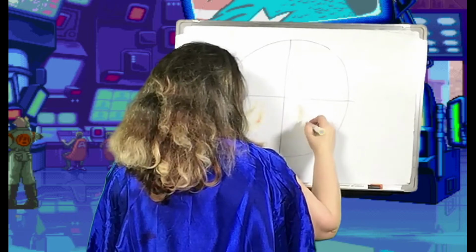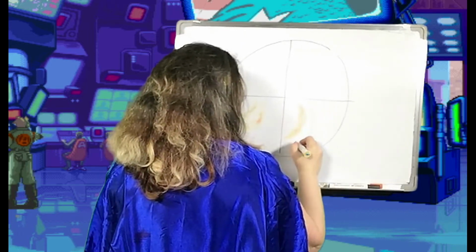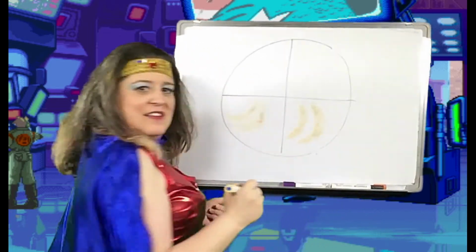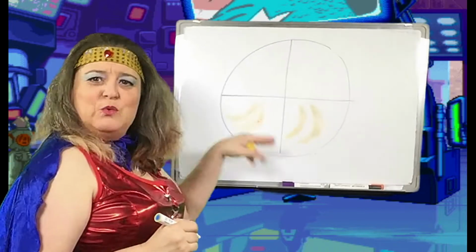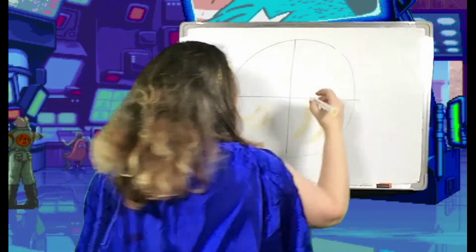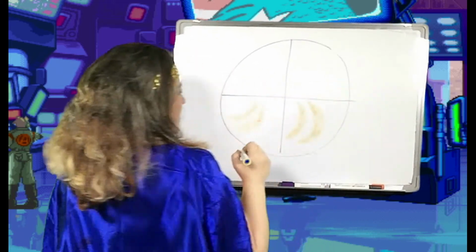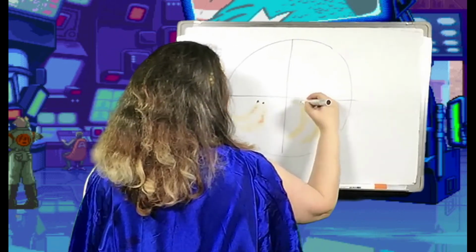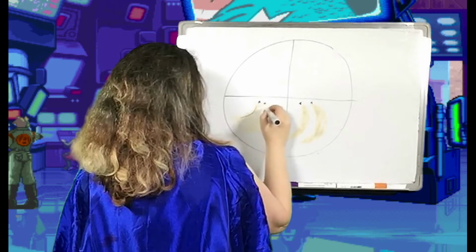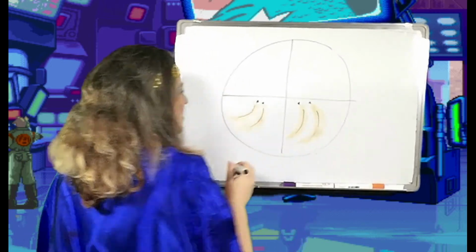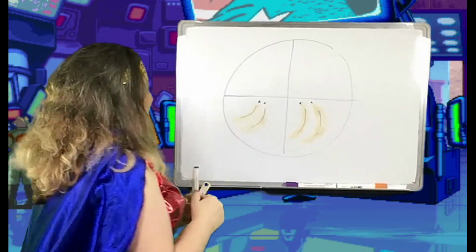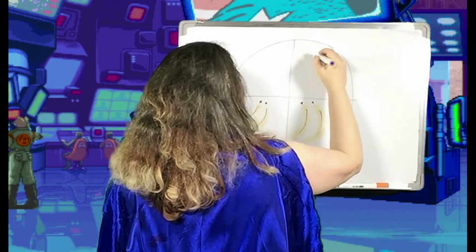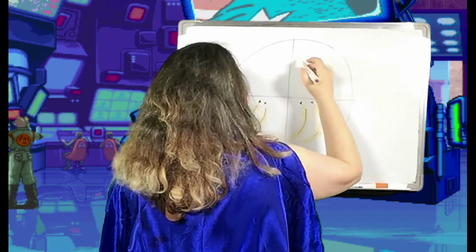So, I put 1 banana, 2 bananas. I know they don't really look like bananas, they look more like moons, but we'll just pretend they're bananas. Alright, here maybe I'll put a top bit on them. Okay, and give them some lines. Maybe they'll look more banana-y. Do they look more banana-y? All right, and I'll put another 2 bananas here.